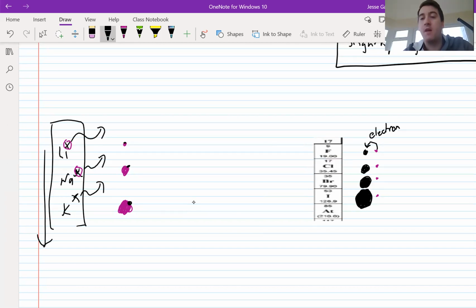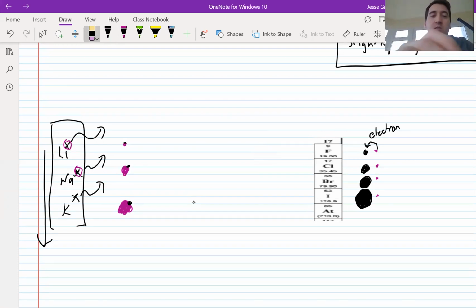Now, obviously, or I'm hoping it's clear, that if the halogen atom is smaller, then that positive nucleus gets closer to the purple atom and has more of a pull on the electron of the purple atoms. So if the halogen atoms are smaller, they are able to take electrons better. We can see this in the table of electronegativities.